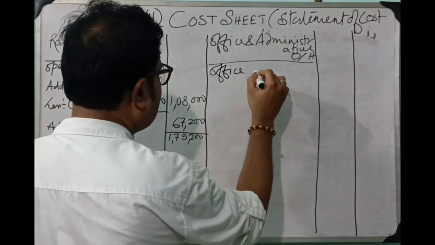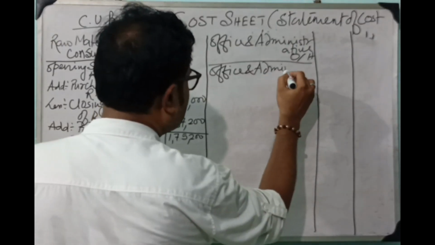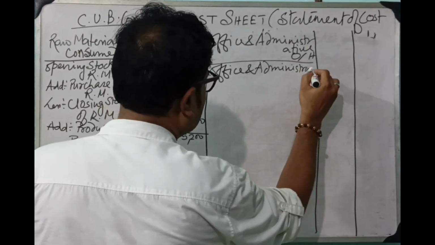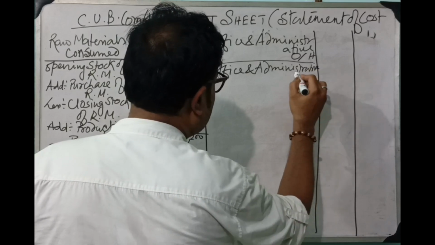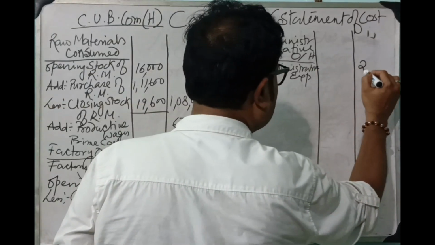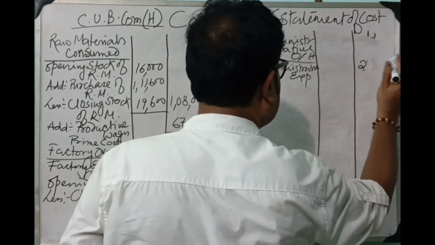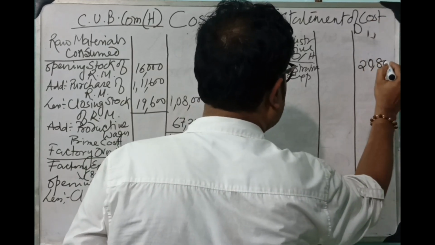Office and administrative expenses given 20,800. I am writing it in the outer column, 20,800.